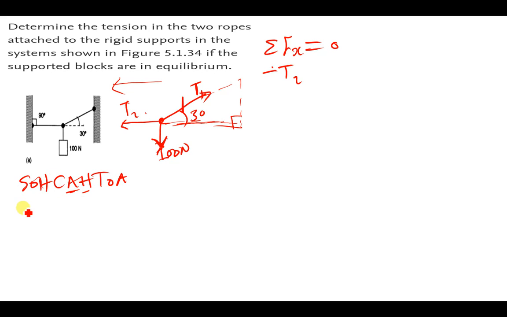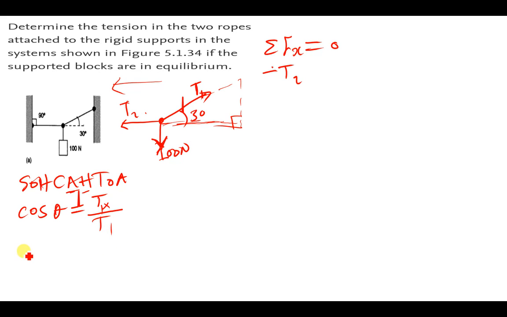Hence we're going to say cos theta, which is 30 in this case, is equal to the adjacent, which is T1 in the x, divided by the hypotenuse, which is T1.